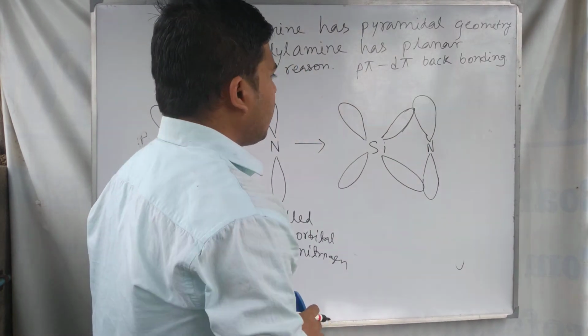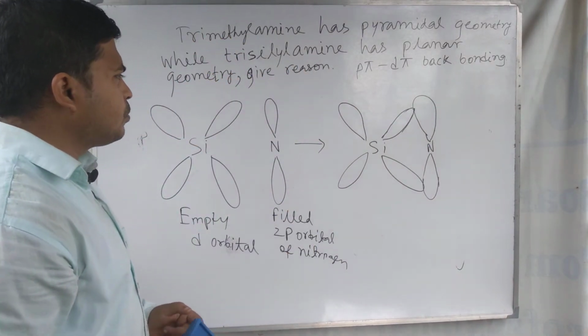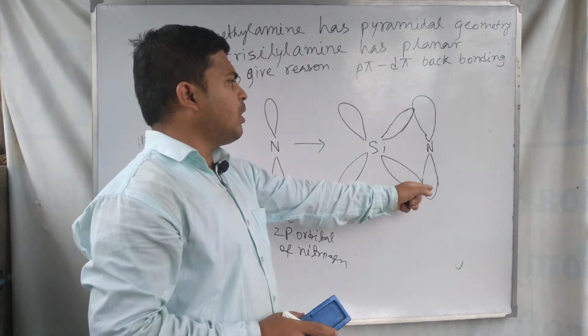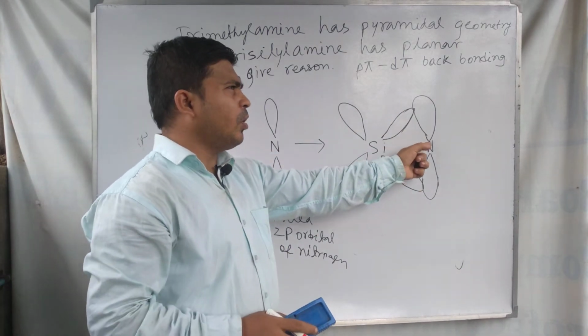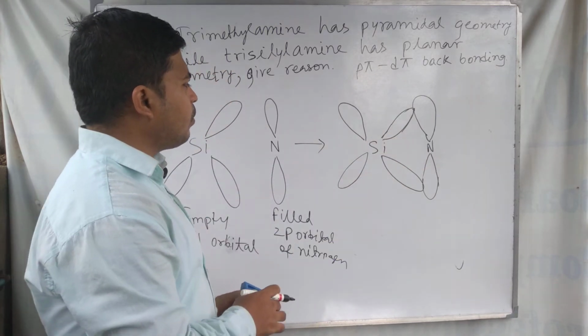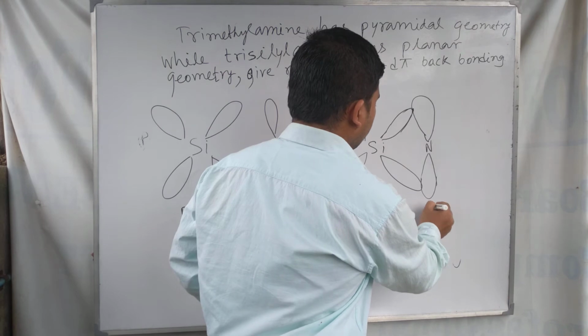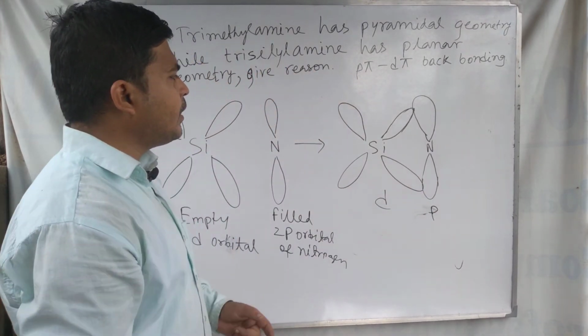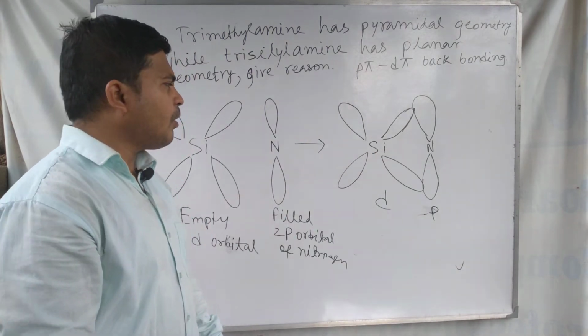So like this, overlap occurs between the silicon vacant d orbital and the filled p orbital of nitrogen. This one is the d orbital and this is the p orbital, so between the p orbital and d orbital a back donation is occurring here.